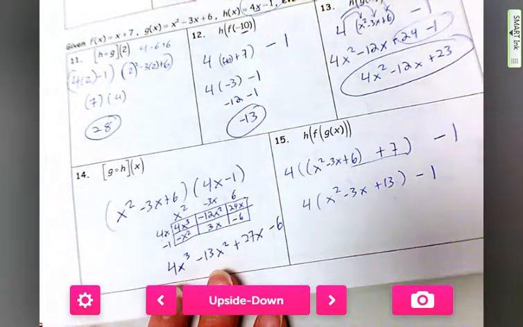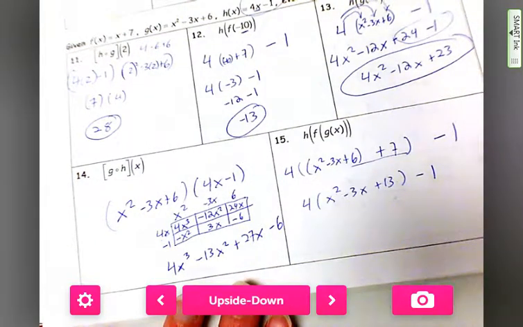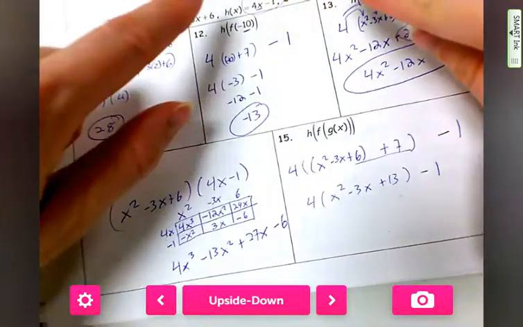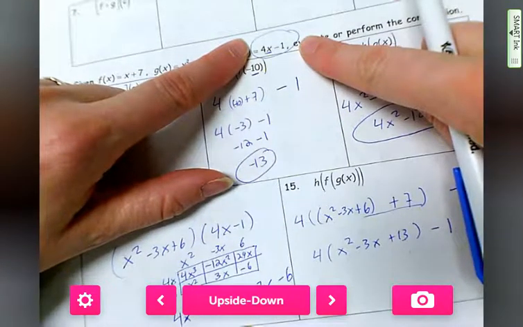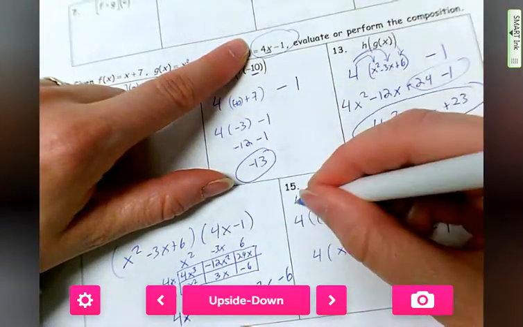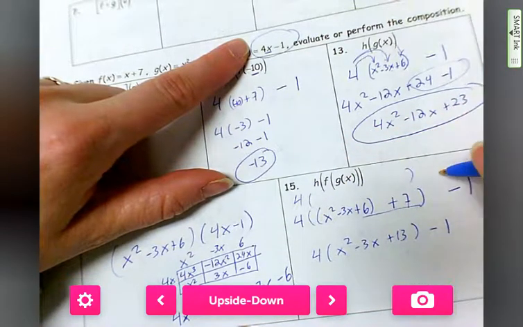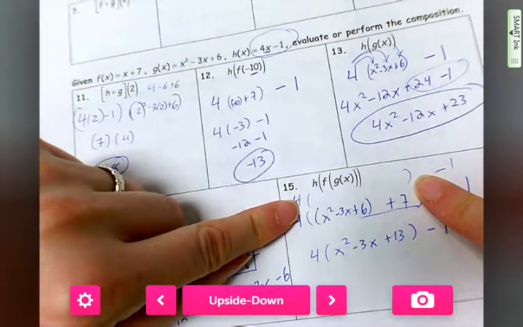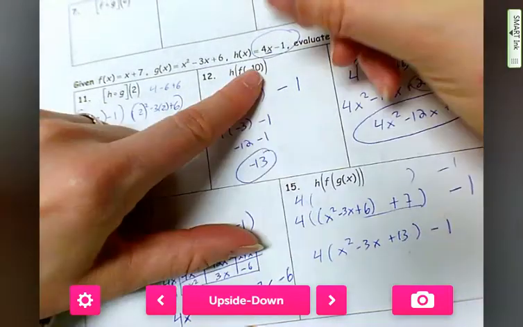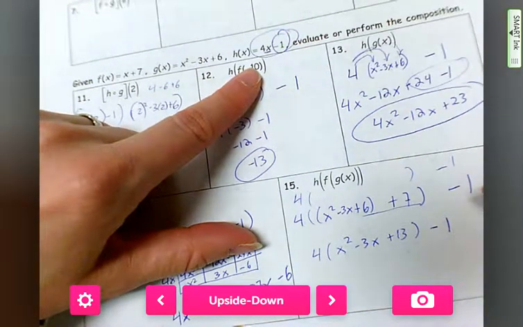Now, why do you put the numbers and letters in different versions? Okay, see how h says 4x minus 1? So that's why I had the 4 space 1. Why do you put the minus 1 on that side? Because that's what it says out here. See, the minus 1 is over here. So it has to go on the outside of my parentheses.